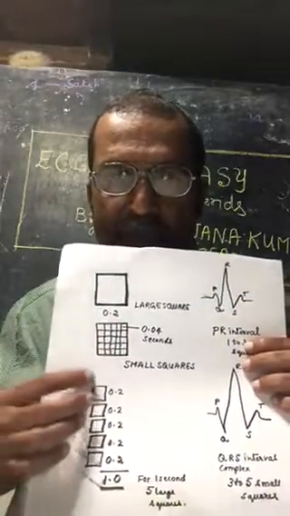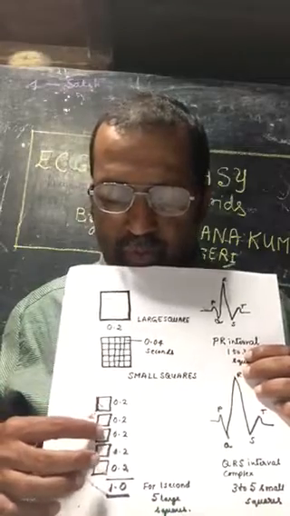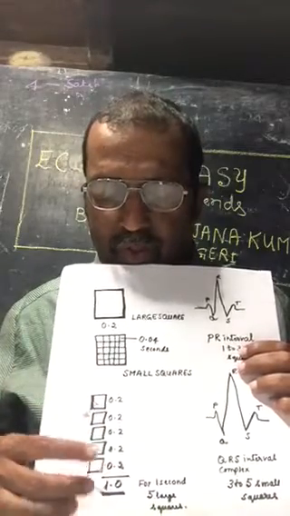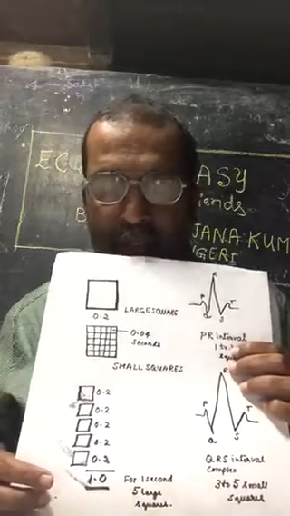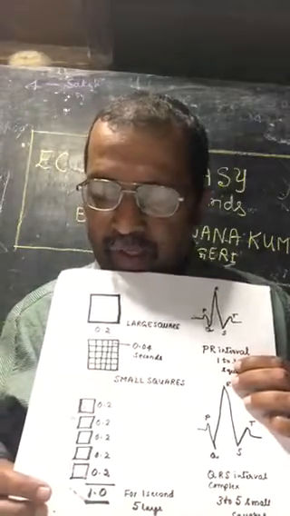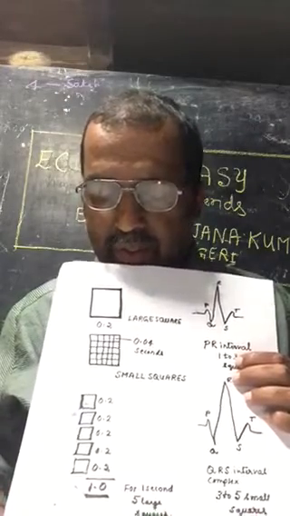For 1 second, 0.2, 0.2, 0.2, 0.2, totally 5 large squares are there. Likewise, for 1 minute, there will be 300.